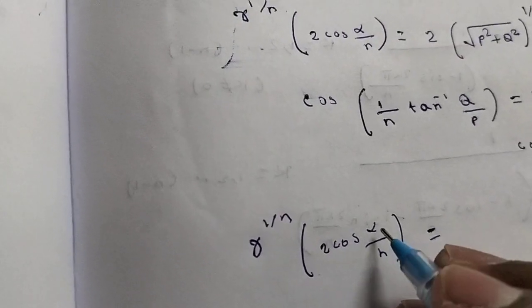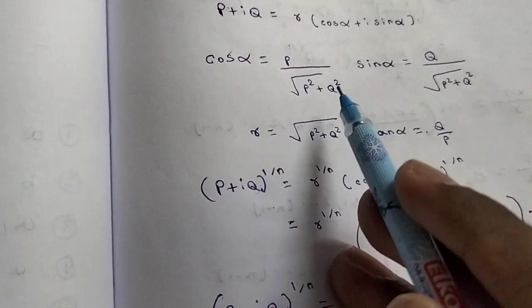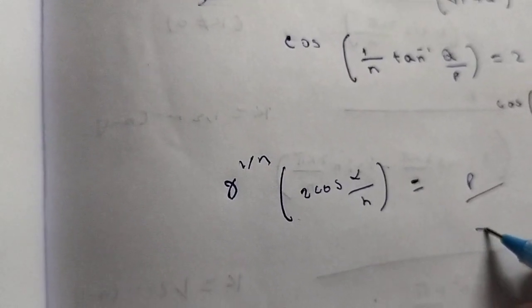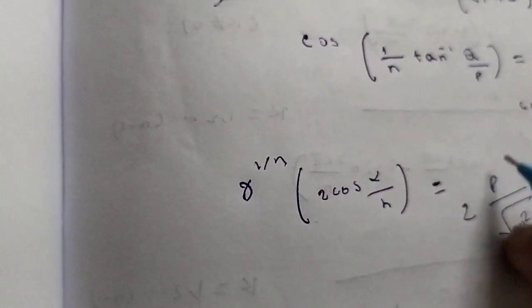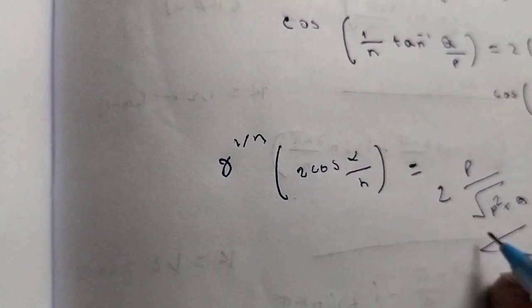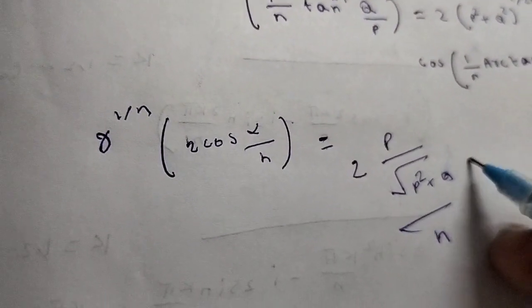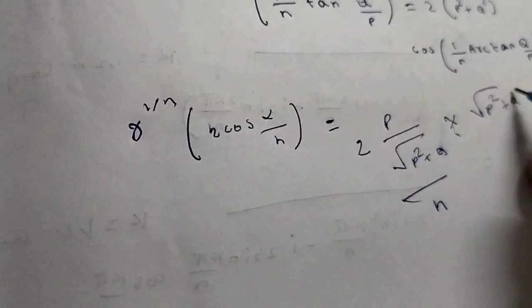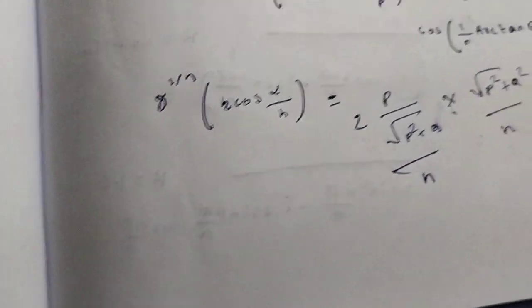Here cos alpha, I considered as p by the square root of p² + q². So 2 into p by the square root of p² + q², divided by n, and r to the power of 1/n. What is r? The square root of p² + q².